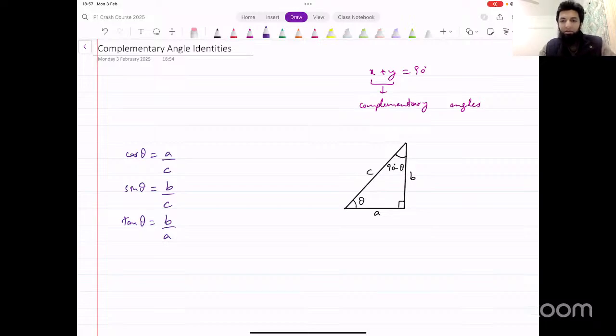Similarly, if I were to find these ratios with respect to the angle on top, which is 90 minus theta, what would those ratios be? Sine of 90 minus theta.